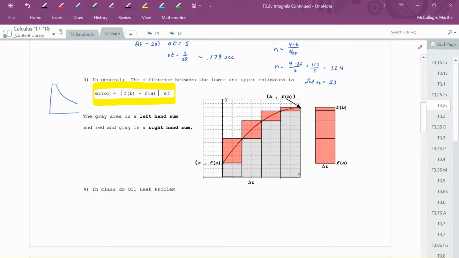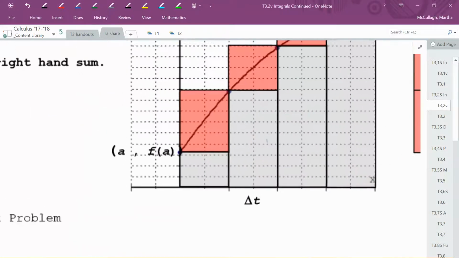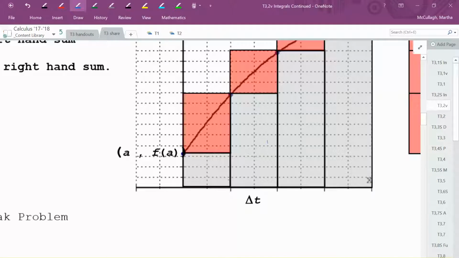Okay, so another thing, not a hard distinction, but something we want to be aware of, is that we sometimes call this gray area the underestimate. Sometimes we call it the lower estimate. We can also call it a left-hand sum. Now, left-hand sum sounds like it's tragically hard, but what we're really saying is that in our rectangle, on this curve, it's the upper left corner that hits the curve.